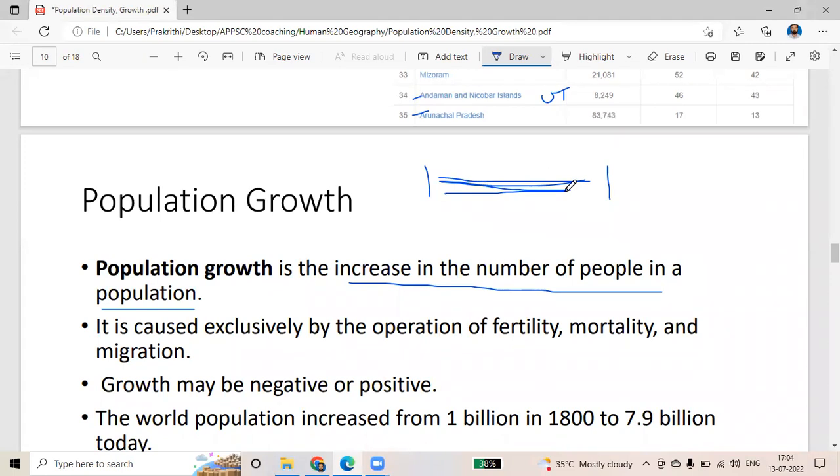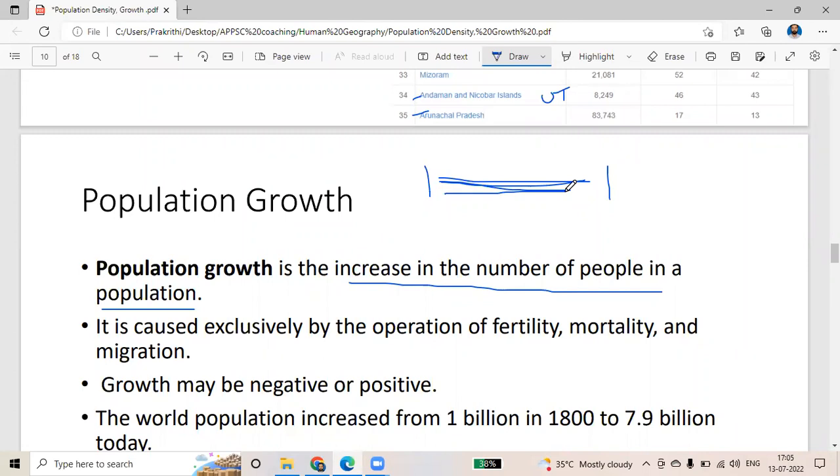Within these 2 time periods, the change that has happened in population, first in the same area, in one area, in 2001 it was 100 population, and in 2011 it is 200 population. So the population growth has doubled. That is population growth.